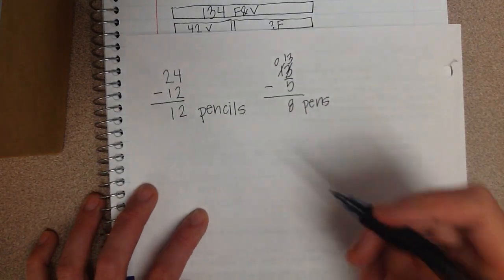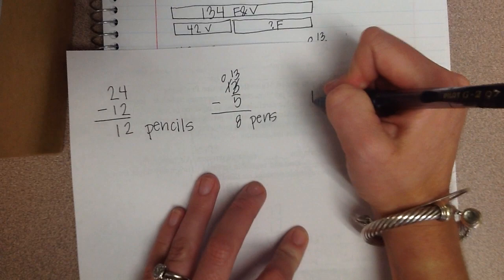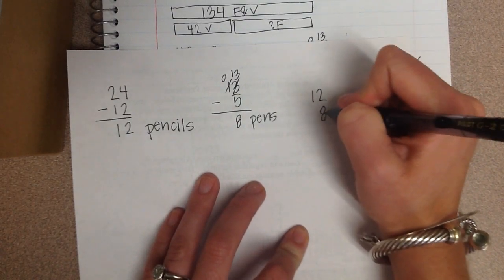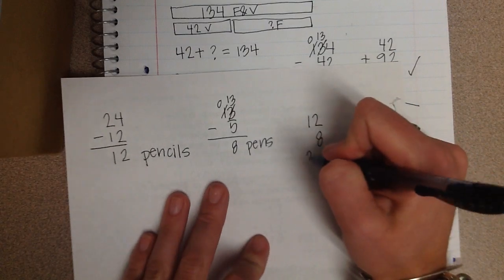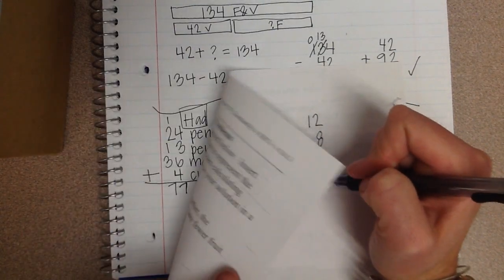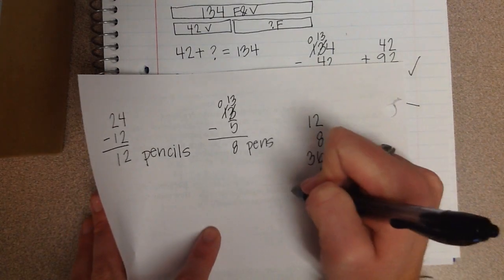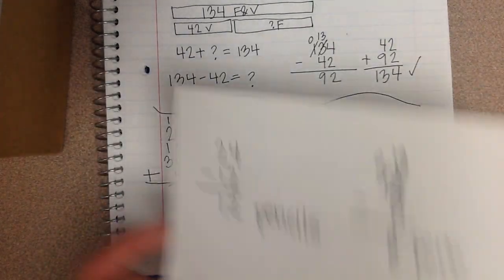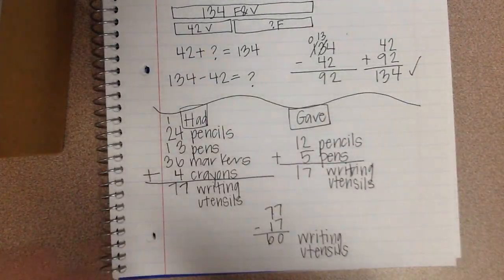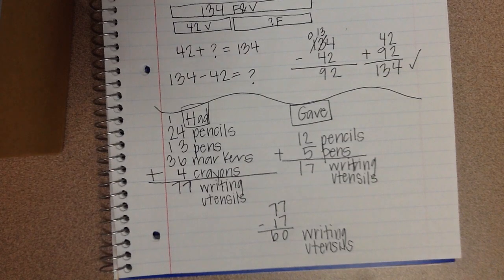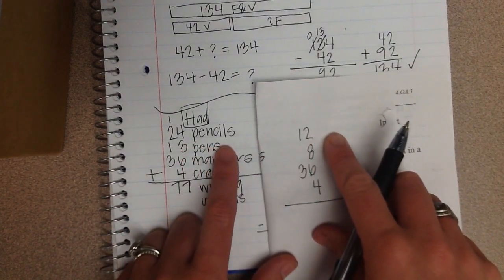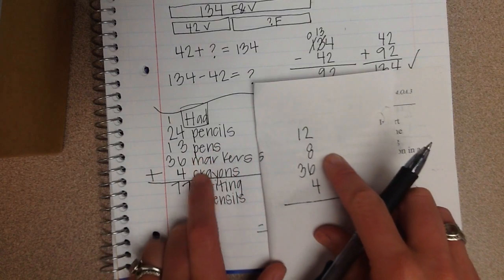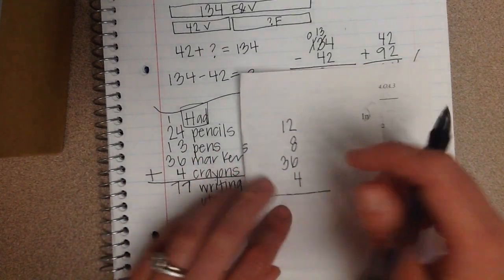So now, if I said 12 plus 8, and then 36, and 4. I have 12 pencils now, 8 pens, and then my markers and crayons did not change.